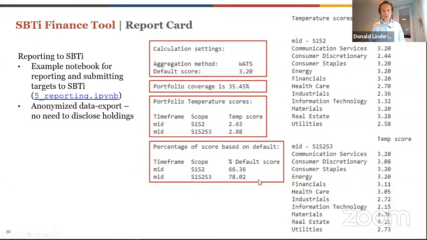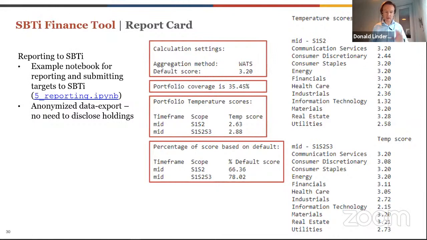The last figure you see here, for scores based on default scores, is a slightly different number, because with the temperature score we allow not only targets approved by the SBTi, but also the rest of these 4,000 targets out there in the market to potentially be included in that temperature score, depending on whether they are of good enough quality. So therefore, you get a slightly different number from those default scores.